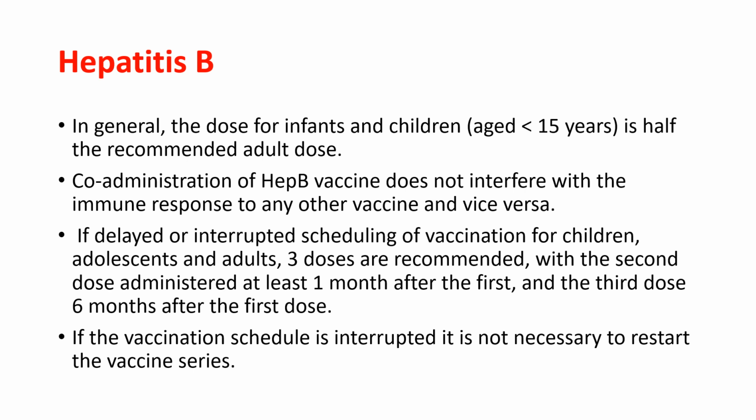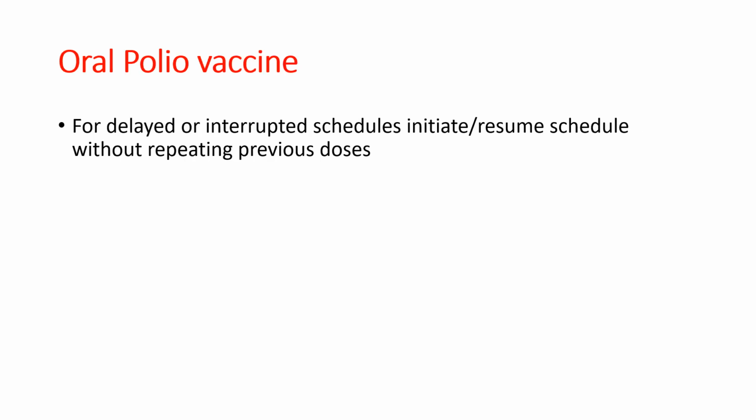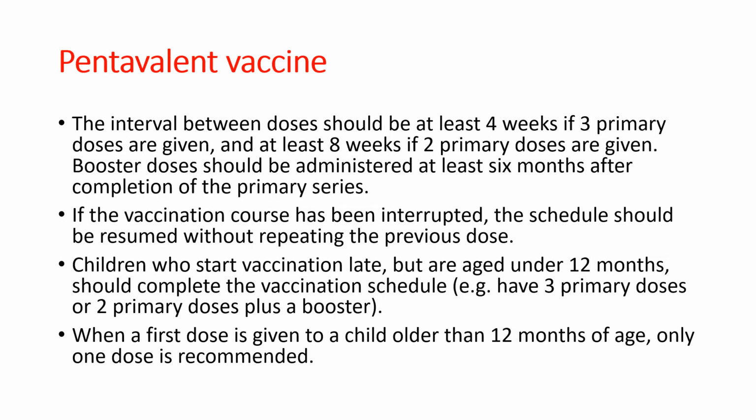And again I'm reiterating, if the vaccination schedule is interrupted, it is not necessary to restart the vaccine series. Just start from where you left. Same stands for the oral polio vaccine.